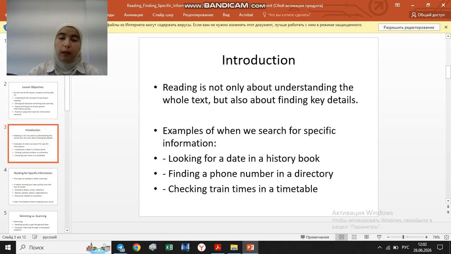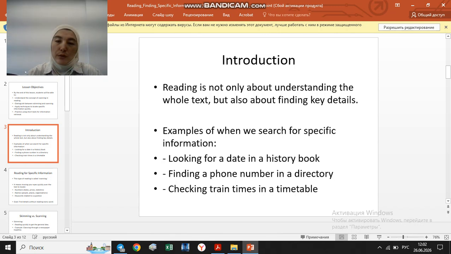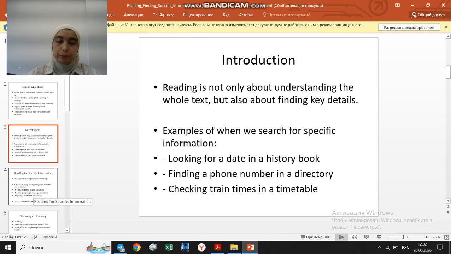Let's move on. Now I'm going to introduce you to the main topics, like how to search for specific information. When you are searching for information in reading, there can be two techniques. The first one is skimming and the second one is scanning. The information can be data in the text, in numbers or in nouns.